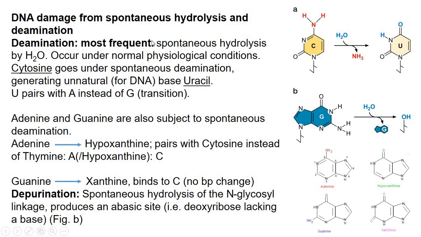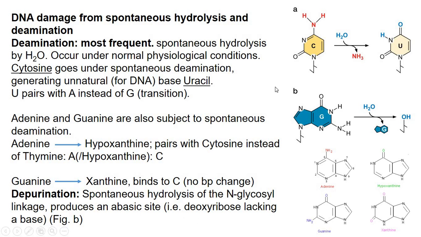So the deamination of cytosine leads to formation of uracil, and that's one of the reasons why DNA has thymine instead of uracil. Spontaneous deamination of cytosine results in uracil, and if uracil was a base that DNA normally used, it would be hard for the cell to tell whether a uracil is original or whether it came from cytosine deamination.